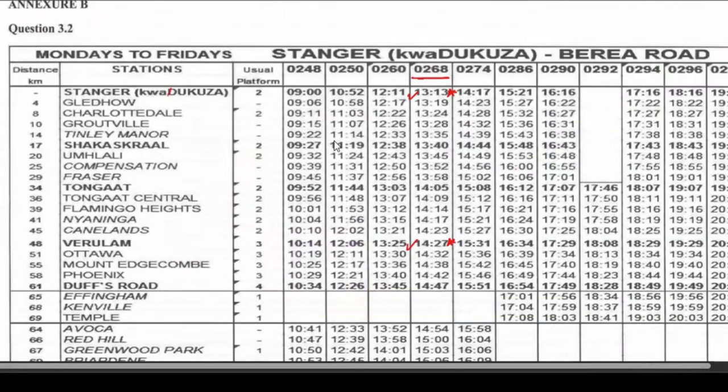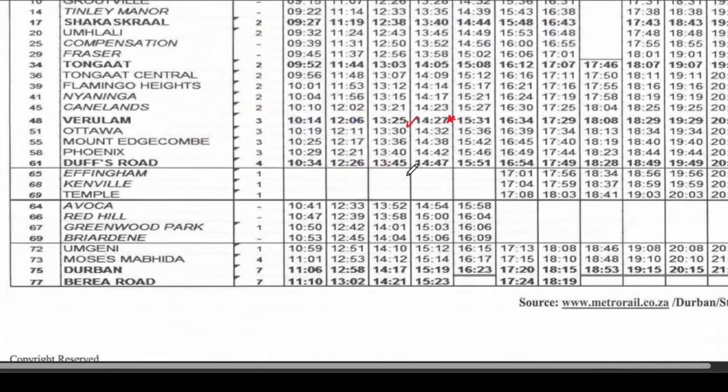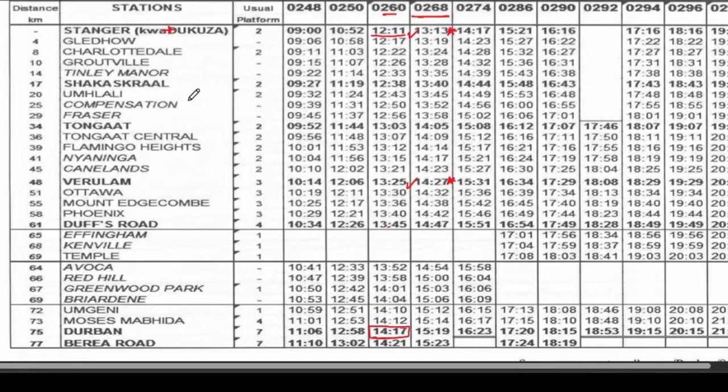One comes from this place here. They're using the 260, so it will leave that place at 12. This one is going to Durban. It will reach Durban at 14:17. Actually, if both use it, because another person comes from Greyhound, they are next to each other.